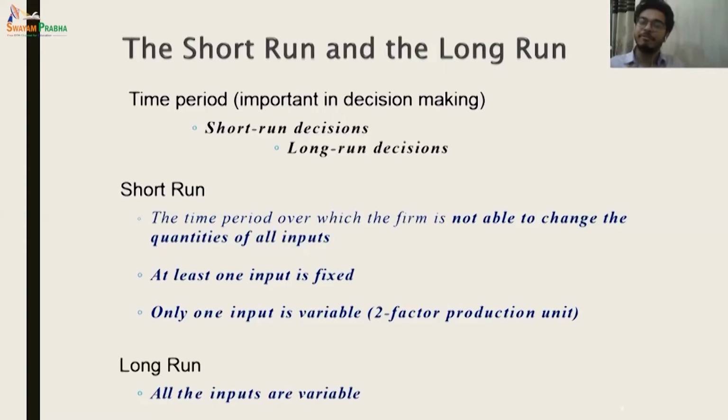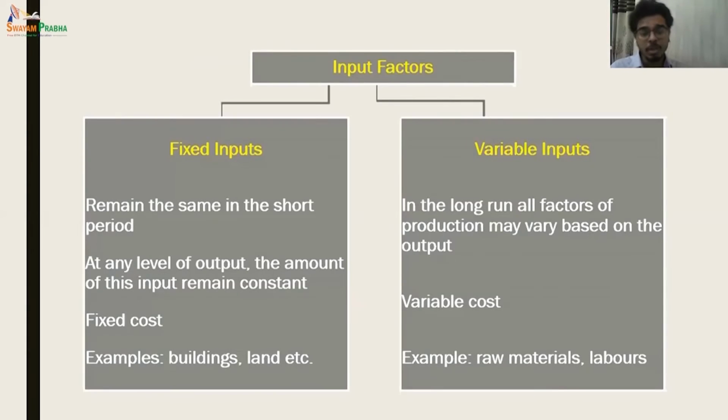You have enough time to change the quantities of all the inputs, and they are variable. You can drop an input, you can add inputs. So you have a lot of flexibility over the long run as compared to the short run.